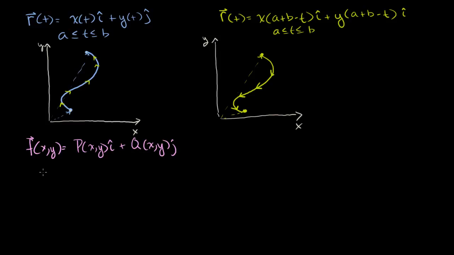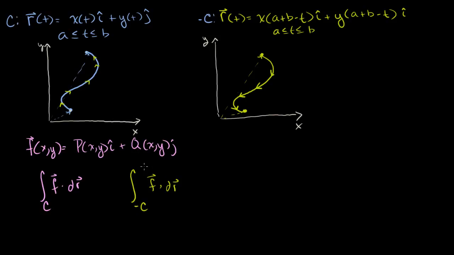How does the line integral of this vector field over this path compare to the line integral of the same vector field over that path? We'll call this the minus curve. So if this is the positive curve, we're going to call this the minus curve. So how does going over the positive curve compare to going over the minus curve, the integral of F dot dr?